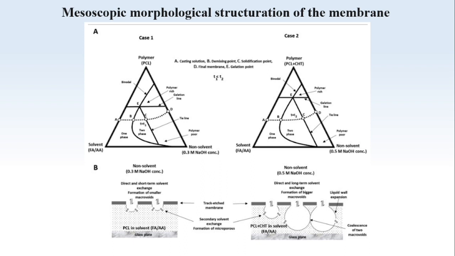At low polymer concentrations, the system is a low viscosity polymer-poor phase, and as polymer concentration increases, viscosity rises rapidly, reaching the gelation point E, where polymer chain movement stops. The membrane formation path ABCD starts at the initial cast solution A and proceeds to demixing B, solidification C, and final structure D. The position of point D on the polymer non-solvent line determines overall porosity.